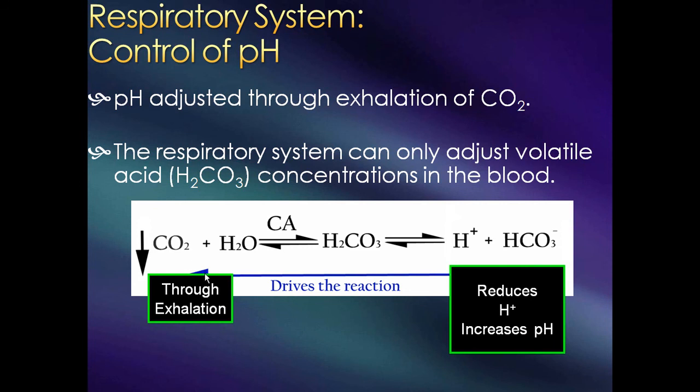Basically, we're blowing off our acid in the form of carbon dioxide and causing our pH to increase. So again, remember, the respiratory system can turn this temporary buffer reaction here into a permanent change by regulating the amount of CO2.